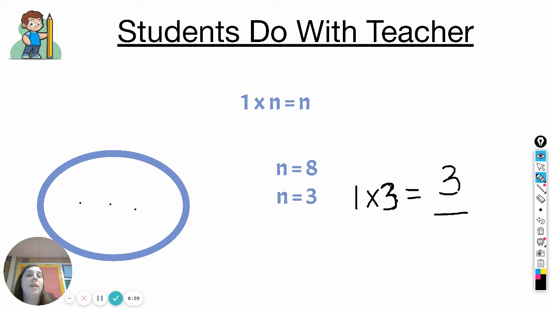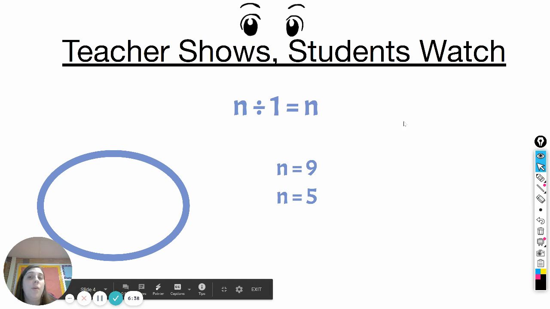Because 1 times any number equals that number. We have one group of 3, so we have 3 dots altogether. Okay, go ahead and erase your whiteboard.